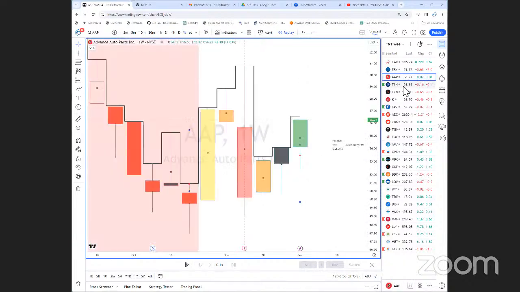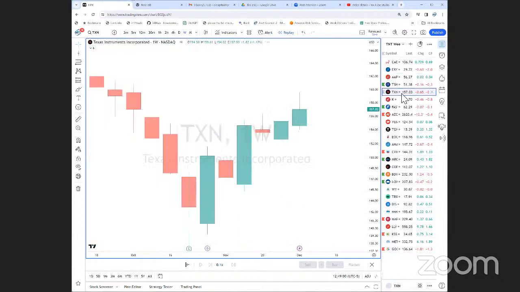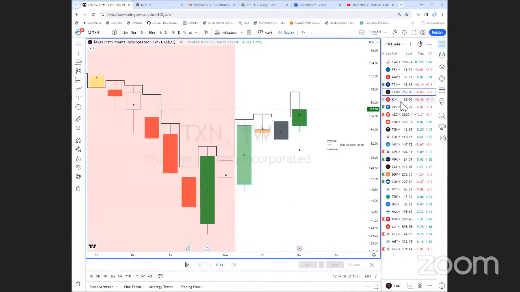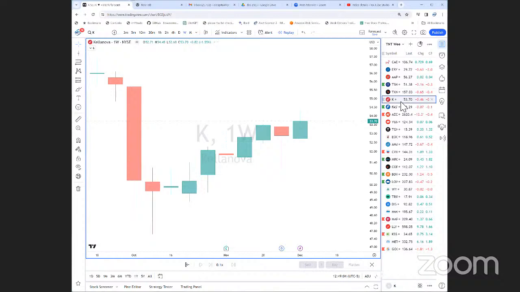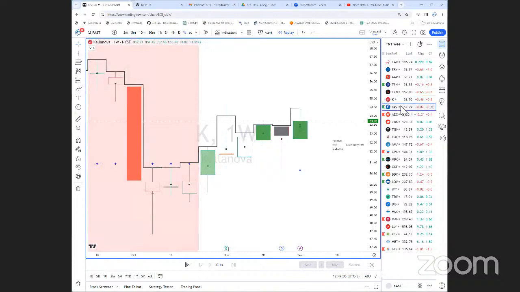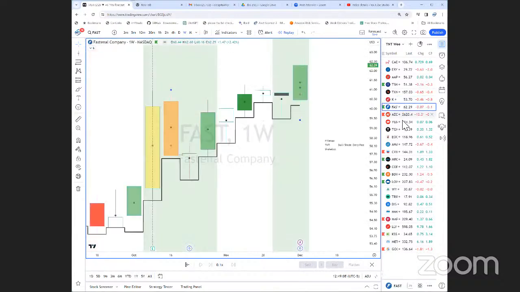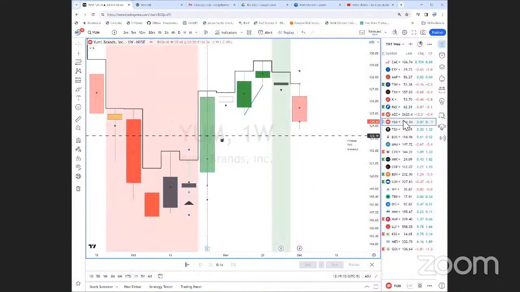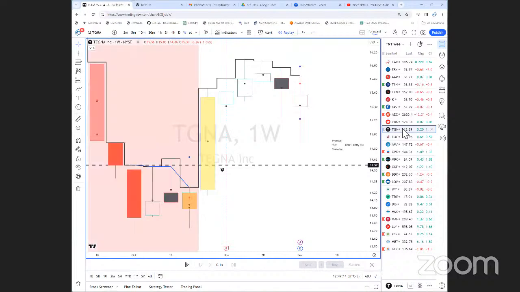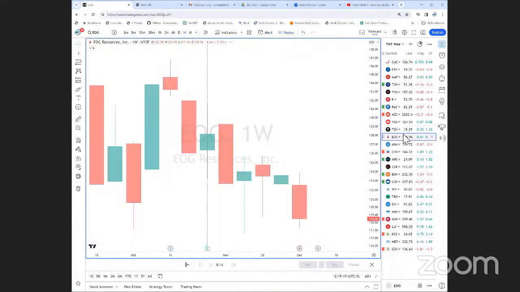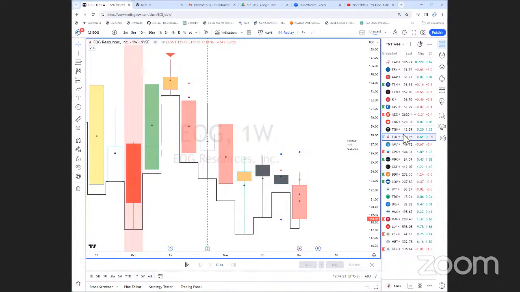This here would have been a profitable trade. This here would be a profitable trade. This here would be a profitable trade. This here would be a profitable trade. This would be break even for us. This would have been a profitable trade.